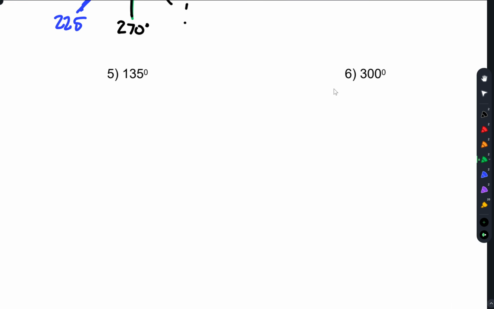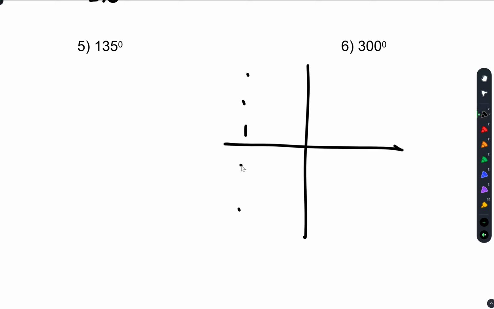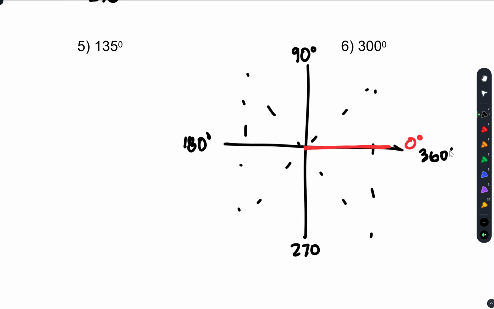Let's do one more. I'm going to skip to number 6. Again, coordinate plane. Little bow tie shape. Best bow tie I can do. My initial side here is 0. I'm going to count around until I get to 300. So 90, 180, 270, all the way back to 360.